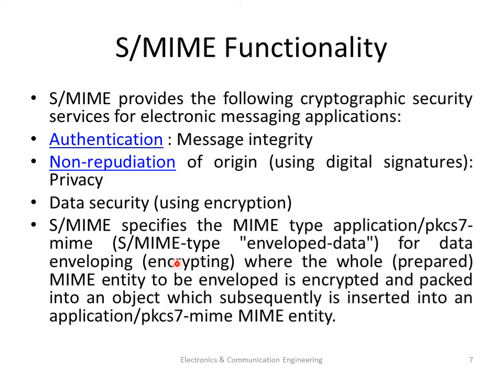This is the S/MIME type enveloped data, for data enveloping and encrypting, where the whole prepared MIME entity to be enveloped is encrypted and packed into an object which subsequently is inserted into an application/pkcs7-mime entity. So this is how S/MIME functions.